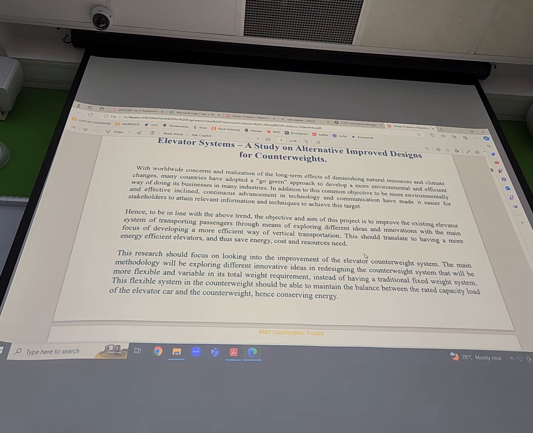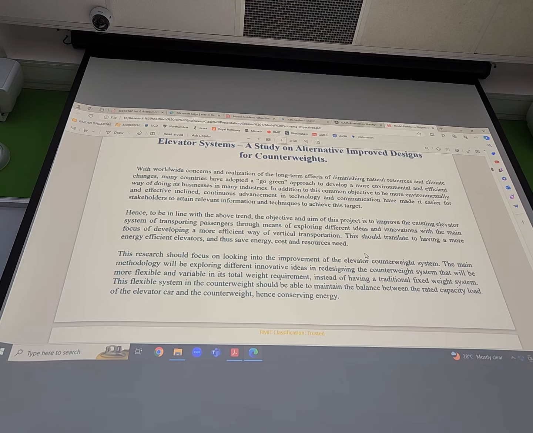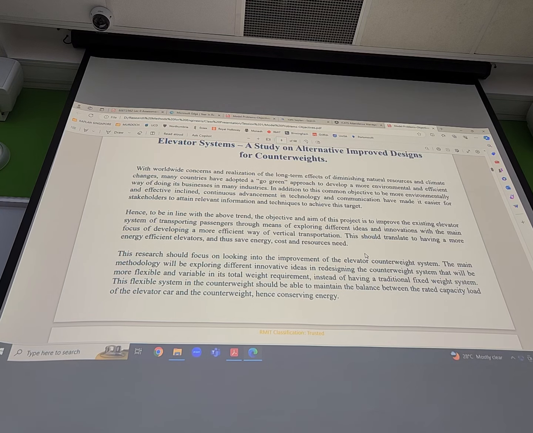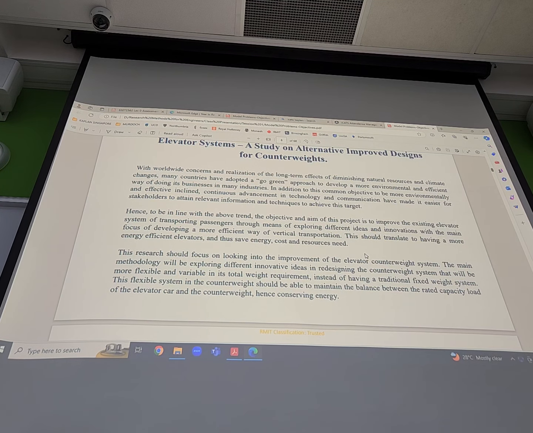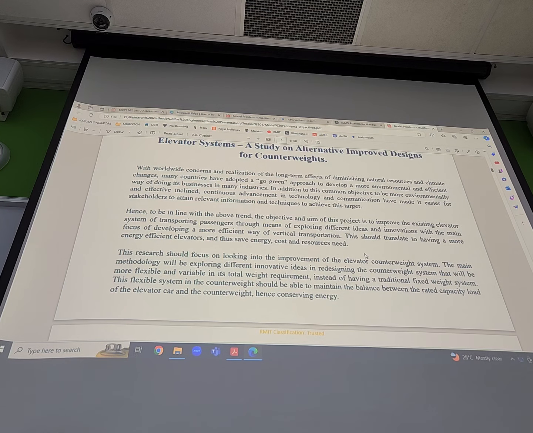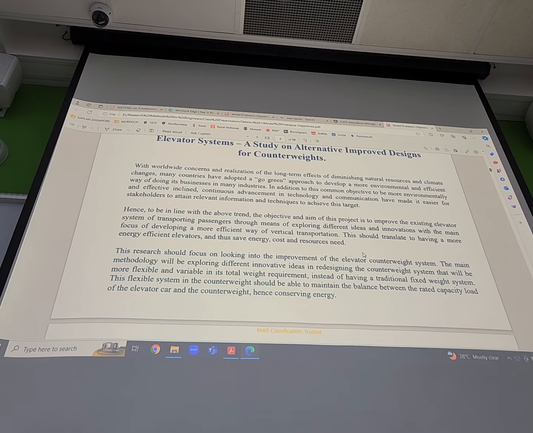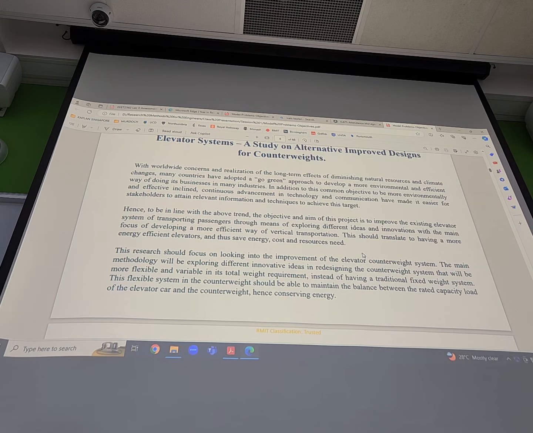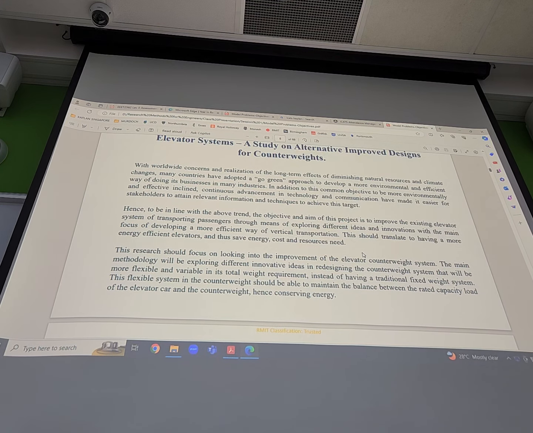Mainly the objective and aim of this project is to improve the existing elevator system of transporting passengers by exploring different ideas and innovations, with the main focus of developing a more efficient way of vertical transportation. So here the aim is a new alternative design of vertical transportation in a lift.